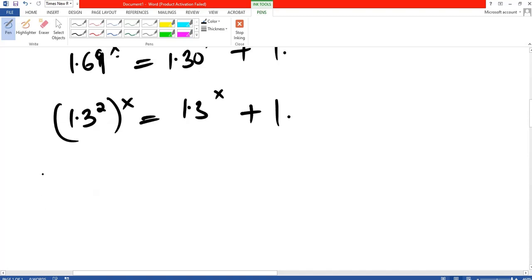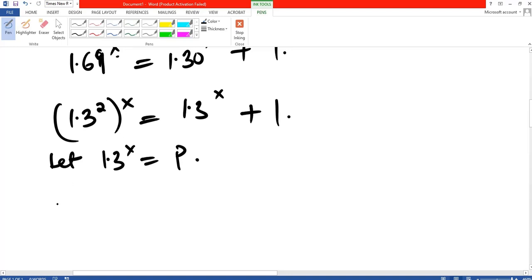Now let's say, let 1.3 raised to the power x be equal to p. Now substituting wherever we see 1.3 raised to the power x, we put p there. So you now have this one as p raised to the power 2.